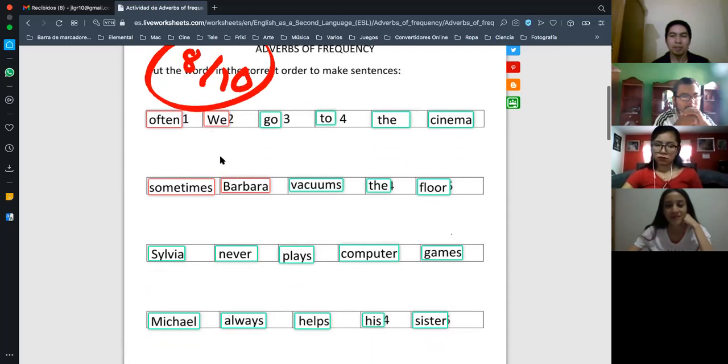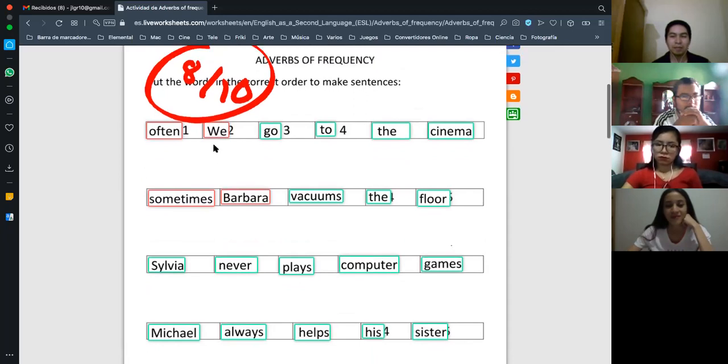So in this case, in the first one, we often, and in the second one, Barbara is the subject, and then the adverb sometimes vacuums the floor, okay?